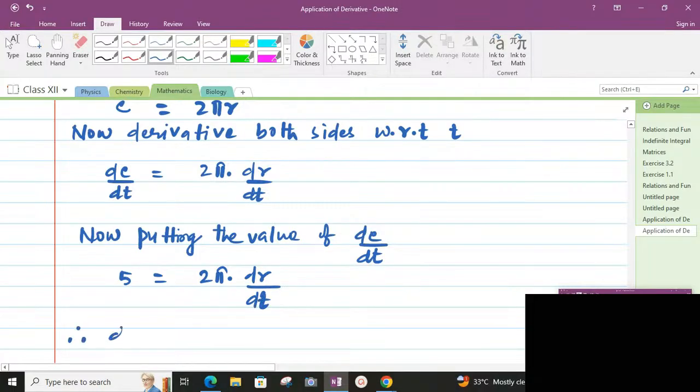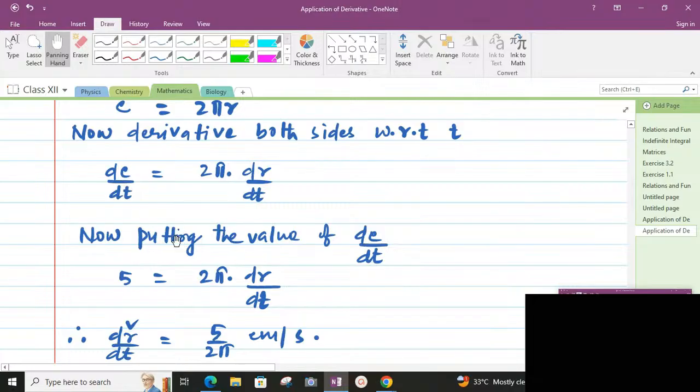Therefore, dr by dt equal to 5 by 2 pi. The unit of r is centimeter, unit of time is second. Hope that there is no problem to understand up to this step.